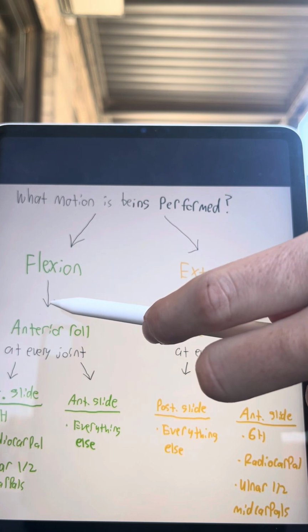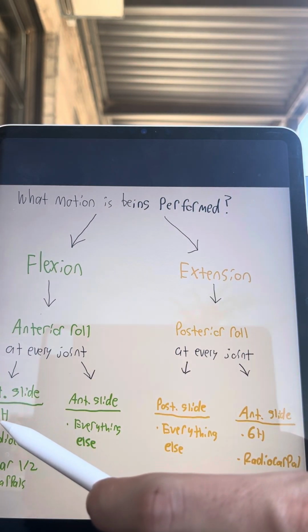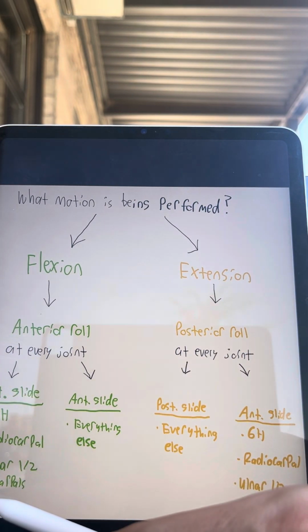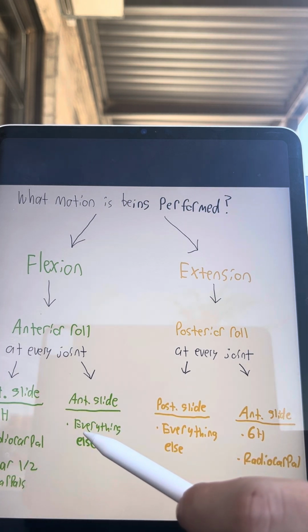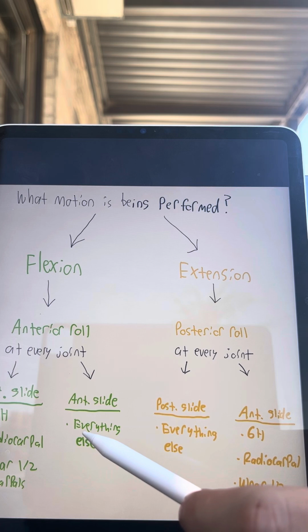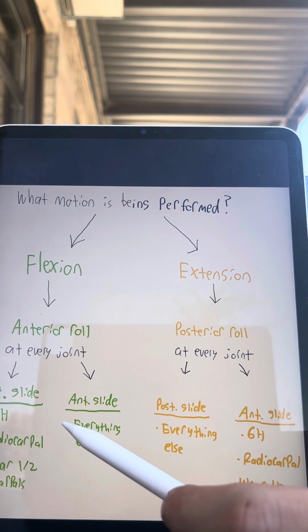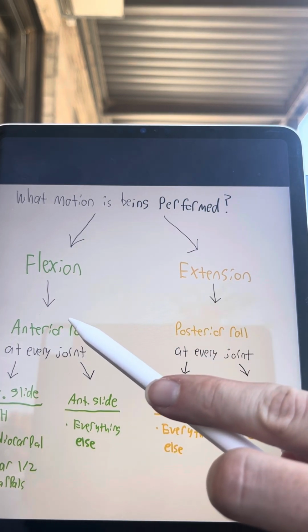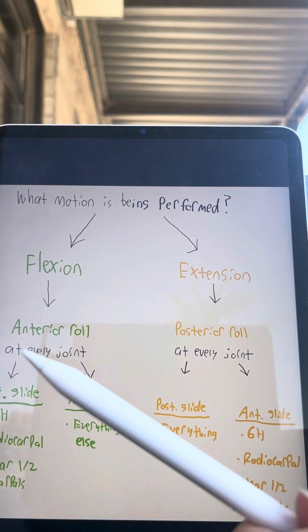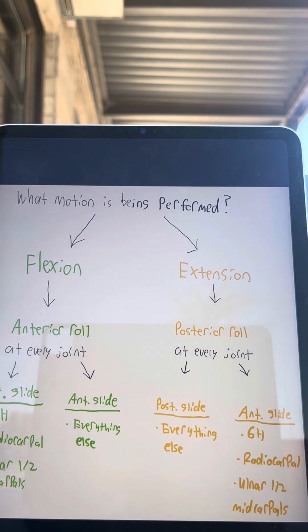So ask yourself, is it the GH joint, radiocarpal joint, or the ulnar half of the midcarpals? It is not, so that results in an anterior glide. And then from that, you see that the roll and the glide are in the same direction. That means that the shape of that joint is concave on convex.